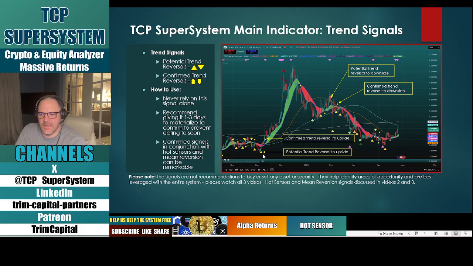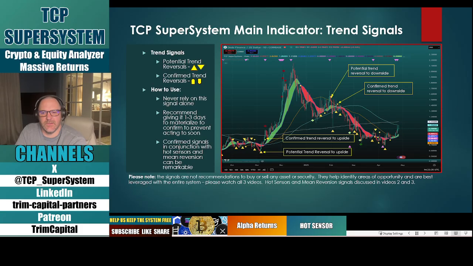But when it comes to these yellow signals, like this right here, you can get some choppiness, right? So you can get some very rapid changes, or I guess contradicting signals here. Because for example, you got a potential uptrend, well, a confirmed downtrend. So that's why we just said a moment ago, we don't usually rely on the yellow signals alone.